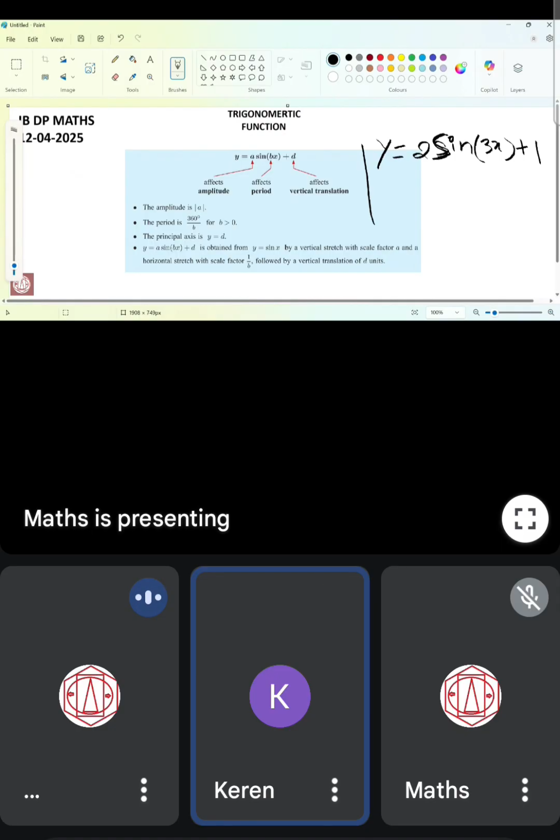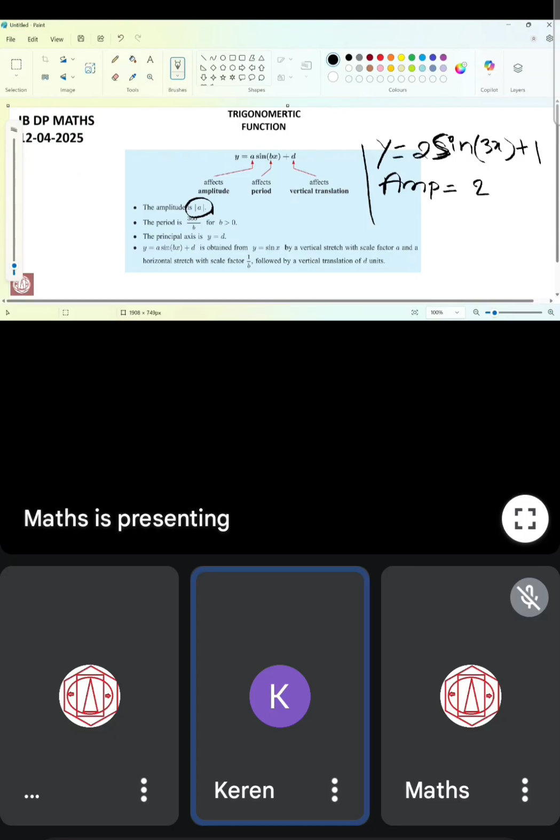So even if it's negative 2, you can say it's the absolute value of A. So whether it is positive 2 or negative 2, your answer for amplitude will be 2 only, right? Even if it's negative, we'll say 2, if the question asks you amplitude.